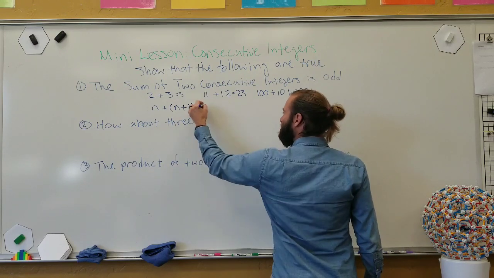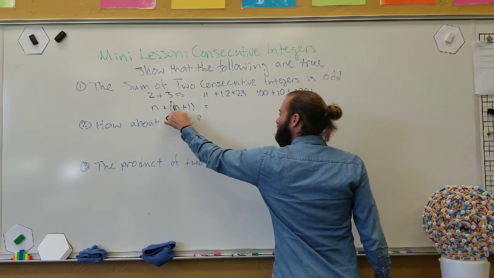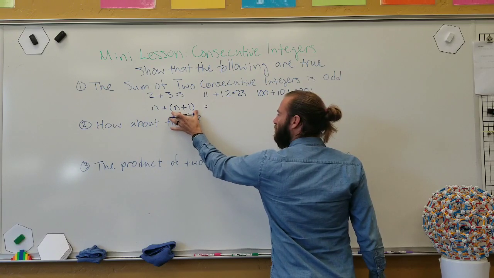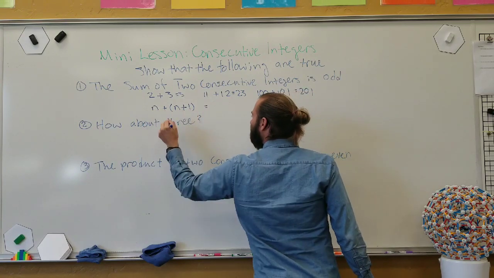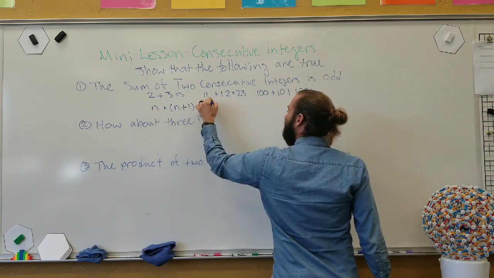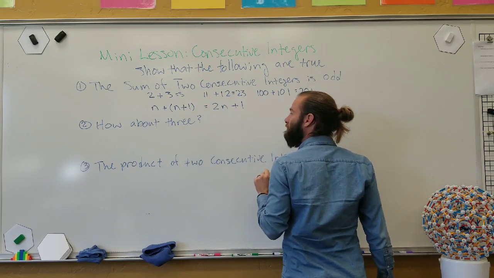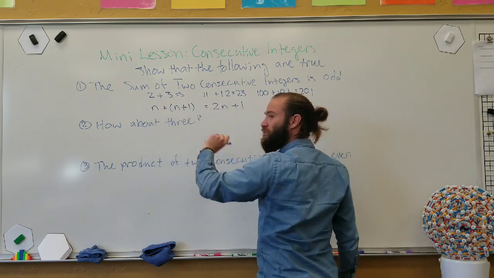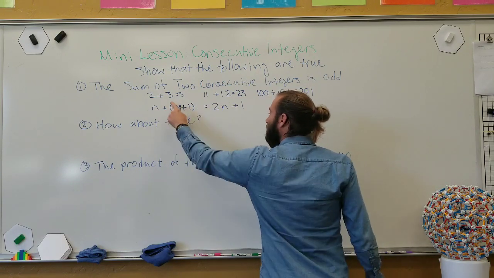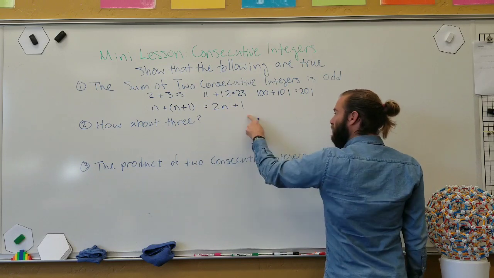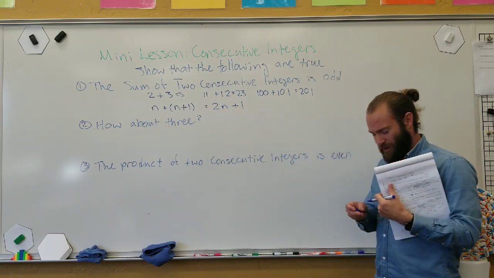Well, let's actually add this together. N plus, now the parentheses don't matter that much as far as the order, it's just to help you realize these are separate numbers, I guess. But n plus n is 2n, and then we just have that plus 1. Notice this isn't multiplying, so I'm not distributing anything. This is adding here, right? So really this ends up being 2n plus 1.